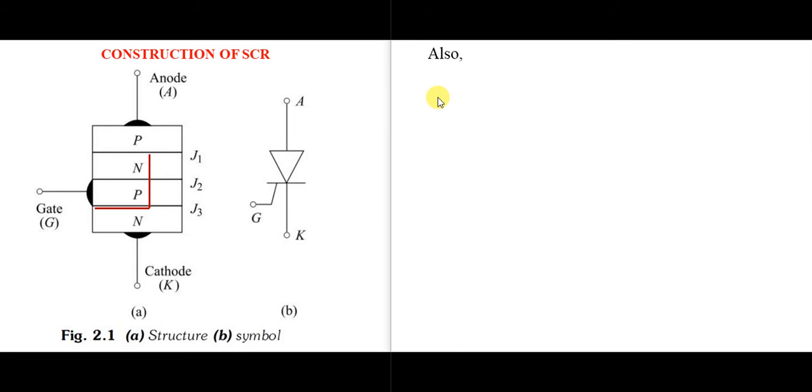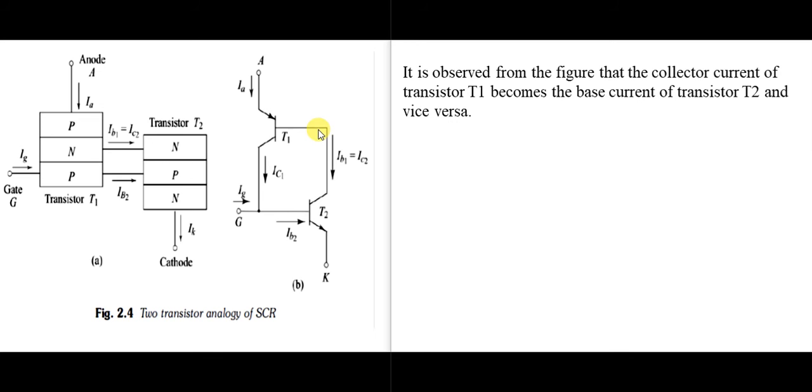Now I will write the current equations for each transistor. From this figure, it is observed that the collector current of transistor T1 becomes the base current of transistor T2 and vice versa.